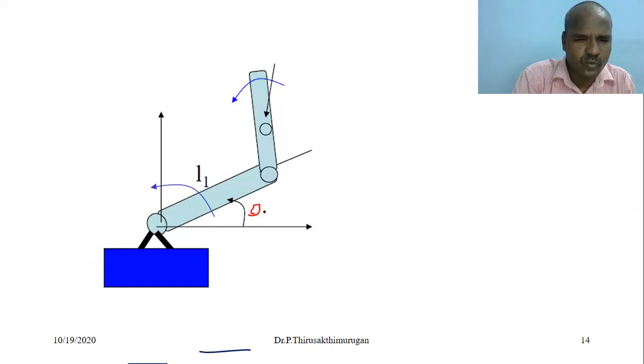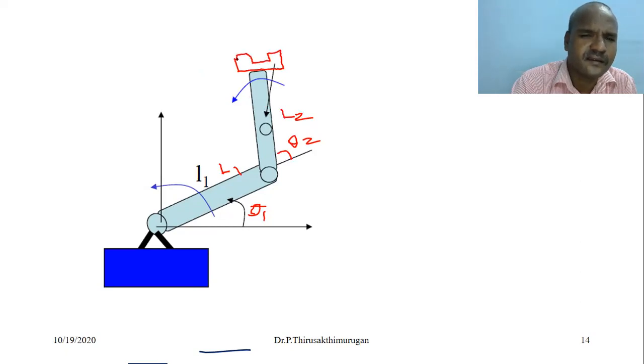Say theta 1. This angle is theta 2. This is link 1, link length 1. This is link length 2. Actually, this is the end effector.